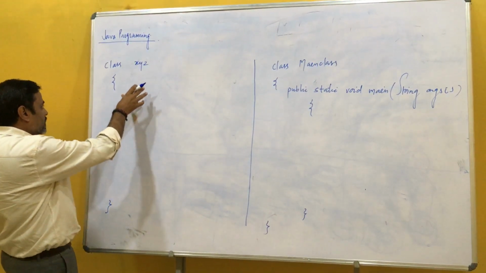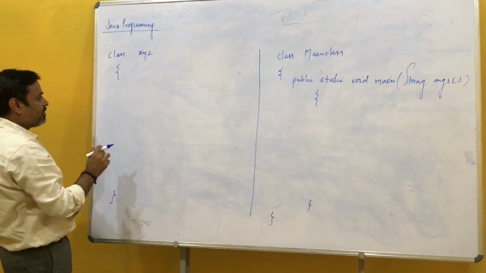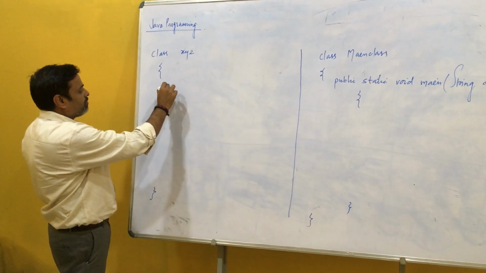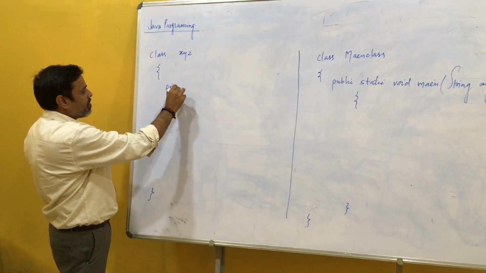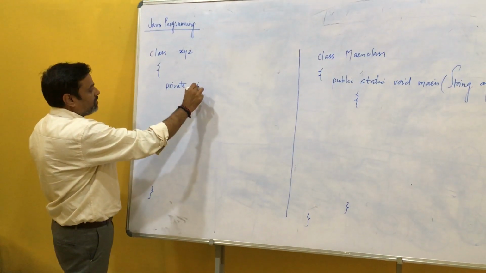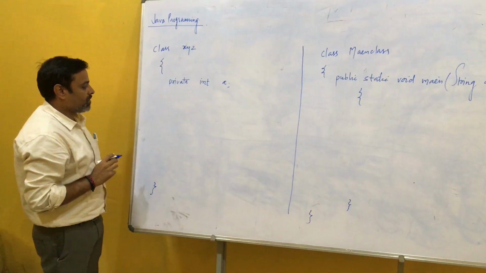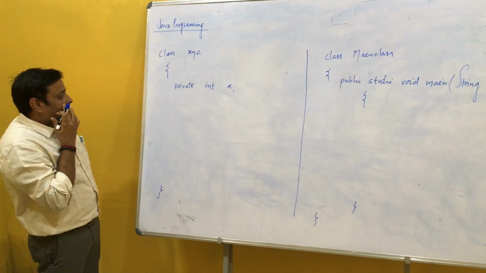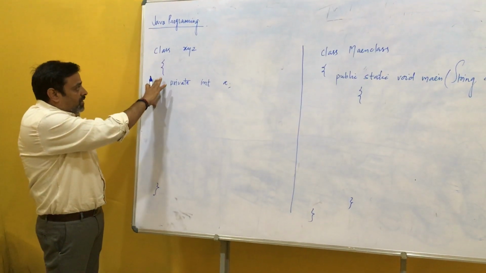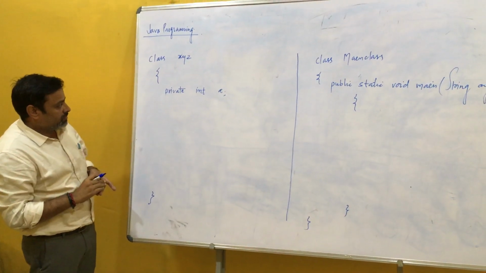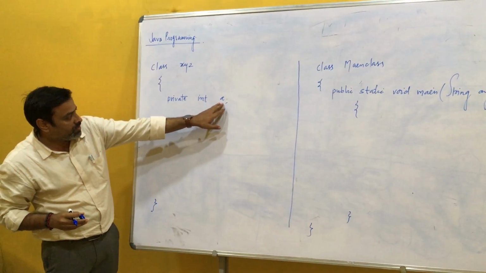Now, in this class, let me have some data member. I am taking a data member, let's say private int A. Okay. And here, if I create an object of this class, inside that object, an integer variable A will be created.